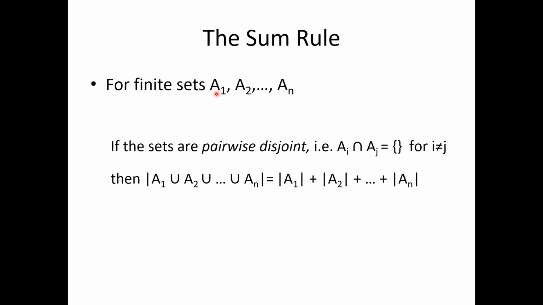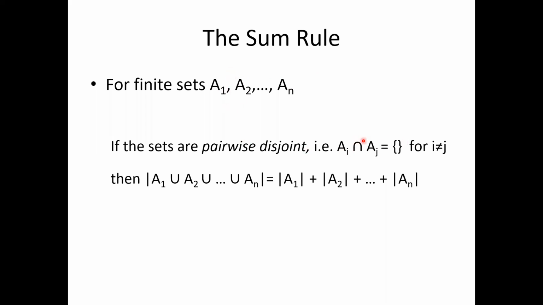The choice is, do I take something from set A1, or do I take something from A2 or from A3? So rather than do something in A1 and something in A2 and something in A3, you have to decide on only one, but you have a choice of any of these sets, and you take one element only.